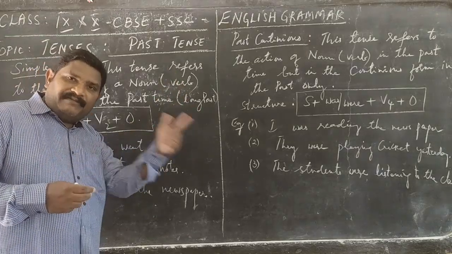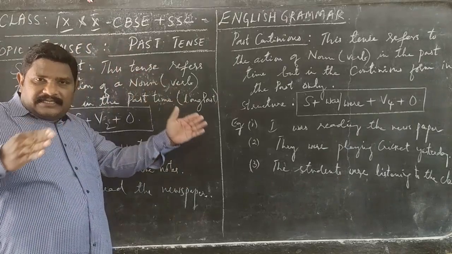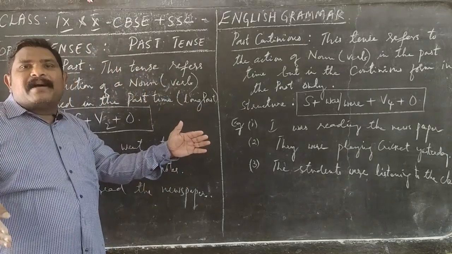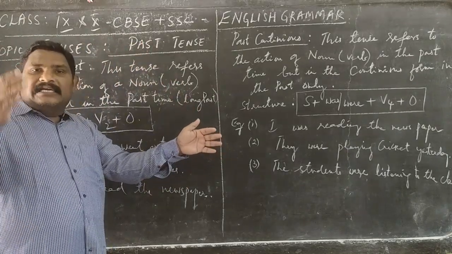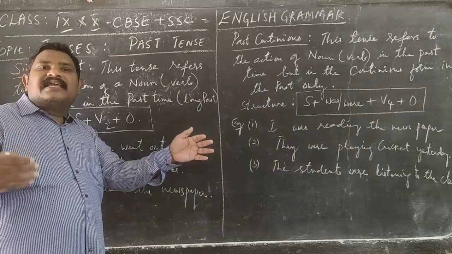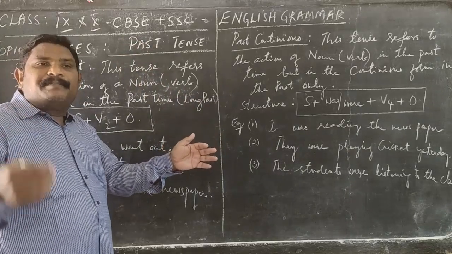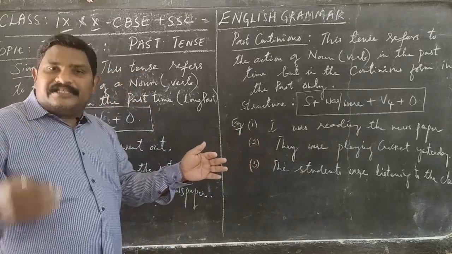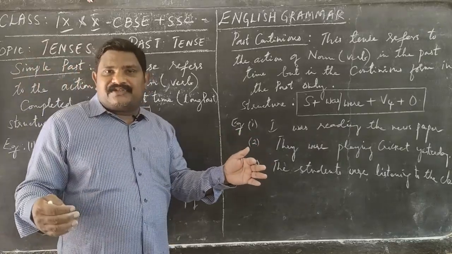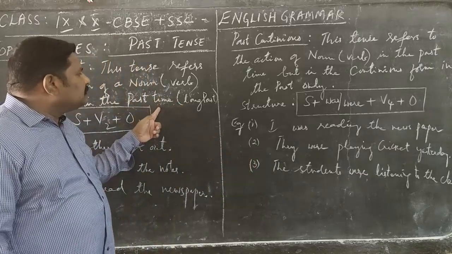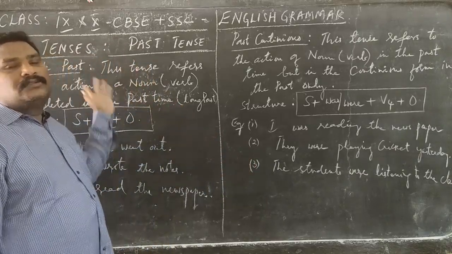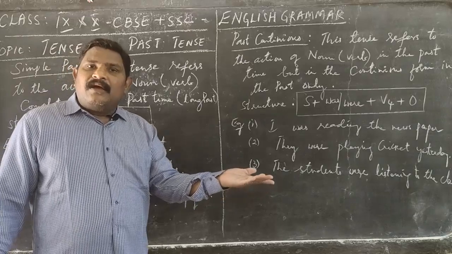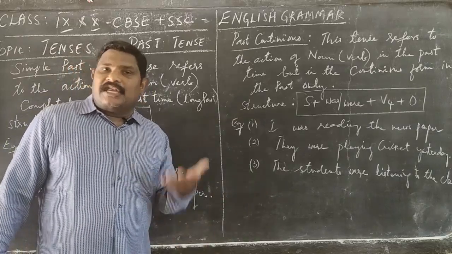As I told you in my previous class, past tense is categorized into two forms: recent past and long past. Recent past is where we can say it in present perfect: I have done, she has eaten, the bus has left. Whereas long past could be anything: 1 month back, 1 year back, 10 years back.